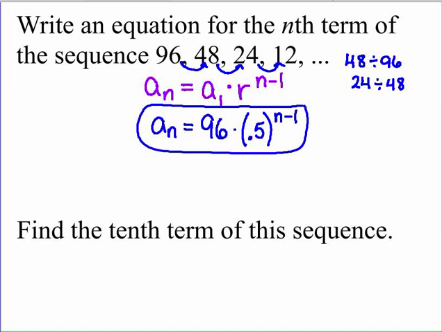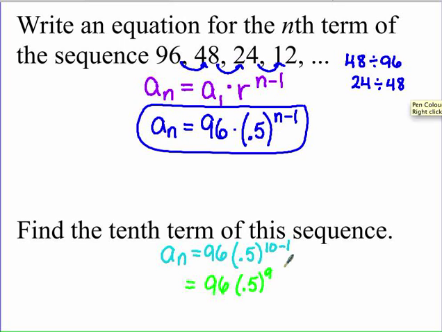This one says find the 10th term. So what am I going to plug 10 in for? N. Very good. Now I've got 96 times 0.5 to what power? The 9th. On your calculator, we do the 0.5 to the 9th first.